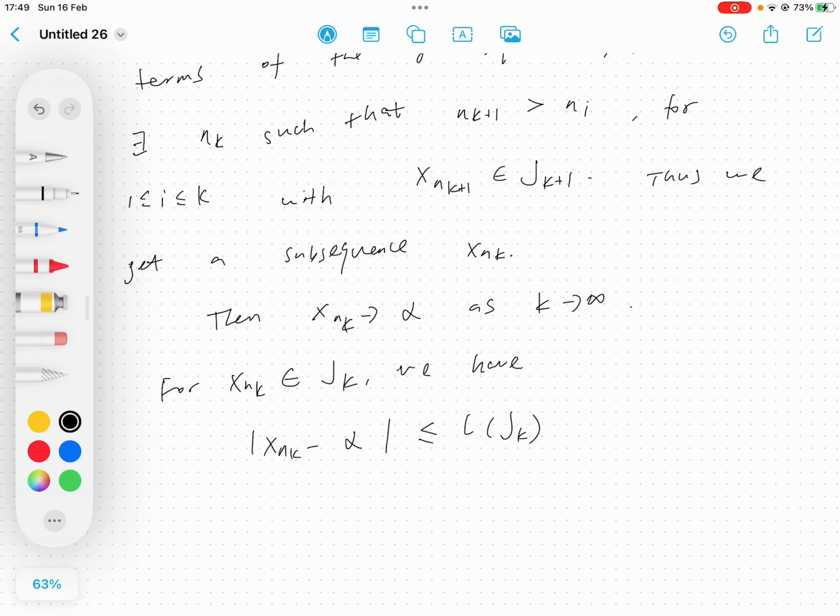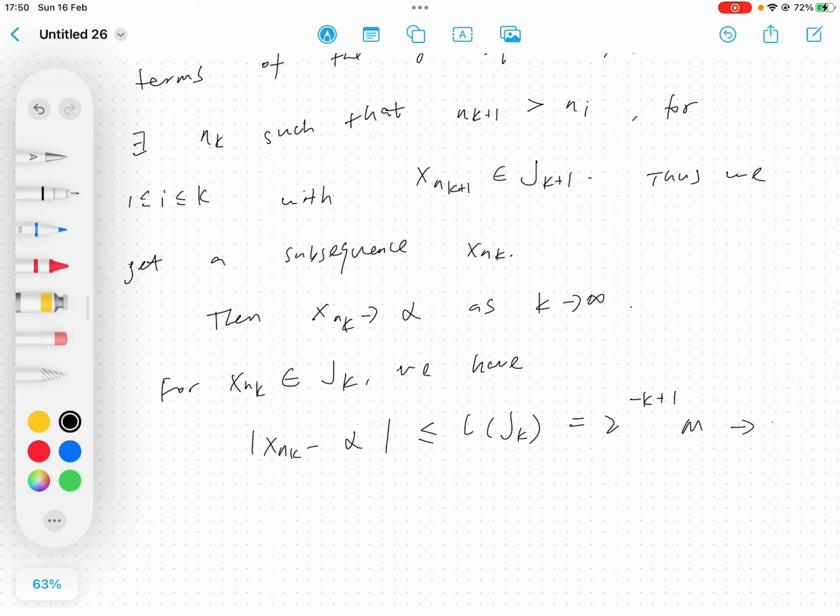It has a maximum distance, because that distance cannot exceed the maximum length of this Jk. And that length, we know, is 1 over 2 to the power of k, actually 2 to the minus k plus 1, right?